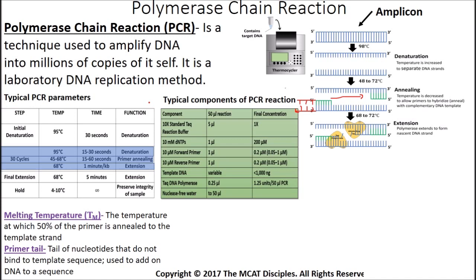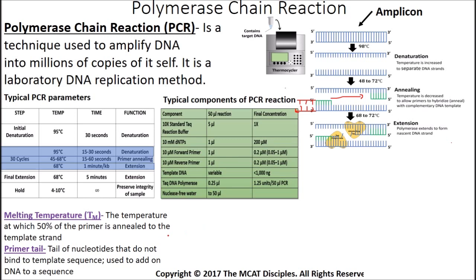And it turns out most polymerases, like our normal DNA polymerase, will become completely denatured under high temperature and won't be able to revert backwards. The Gibbs free energy of its denaturation is negative, and the Gibbs free energy of its renaturation is positive. It's not spontaneous. But it turns out Taq polymerase can withstand high levels of temperature without being completely irreversibly denatured. So that's why we use Taq.